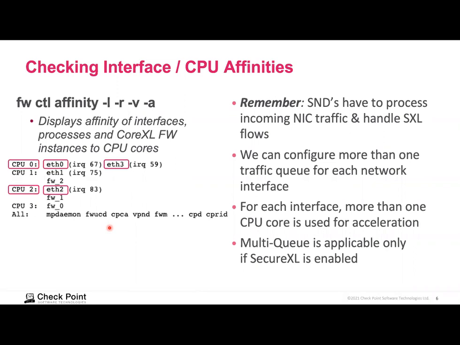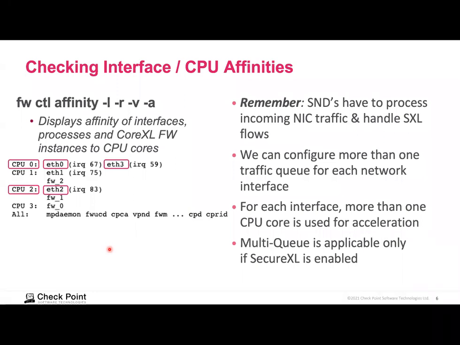It can be configured for more than one network interface, and I'll show some limitations in just a minute. Basically, it lets us balance the load across all the S&Ds. So instead of just binding ETH0 to one CPU, it would be loaded across all the S&D instances on the gateway. Again, it can be configured on a per-interface basis, so you don't have to do it on every interface. You may not need or want to.